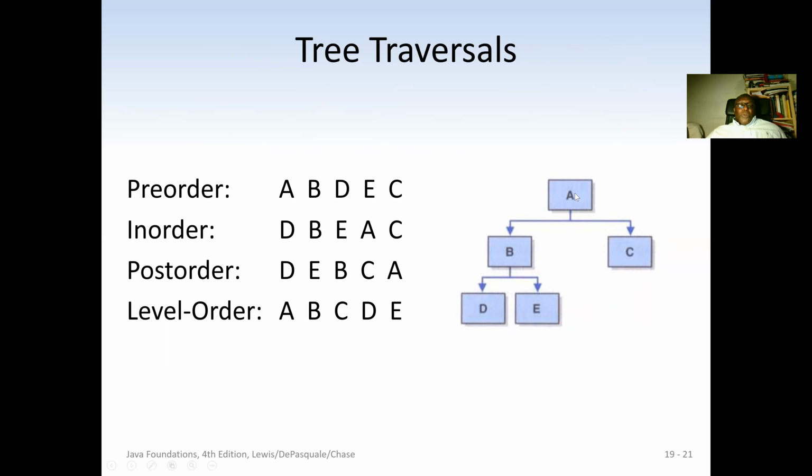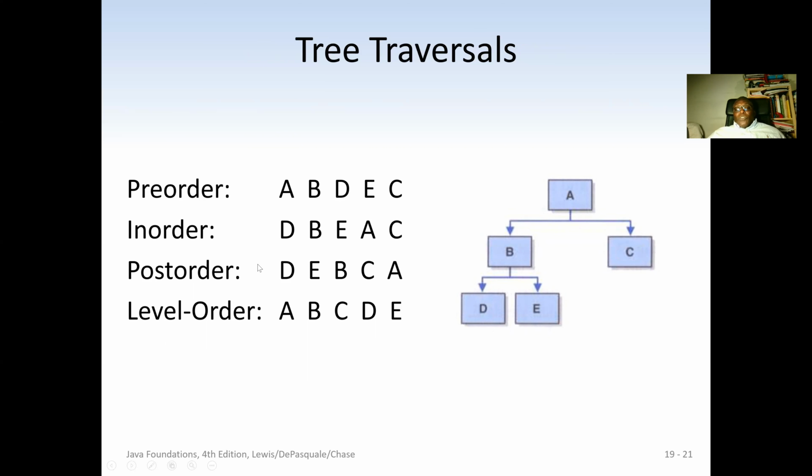Then we go to the leftmost, so we go to B, then D. After we finish with all the left, at the bottom, we start with the right, E. Then if there's another right, we move up. Then we go to the right section of the tree, which is C. So here we have A, the root, then B, D, E, then C.